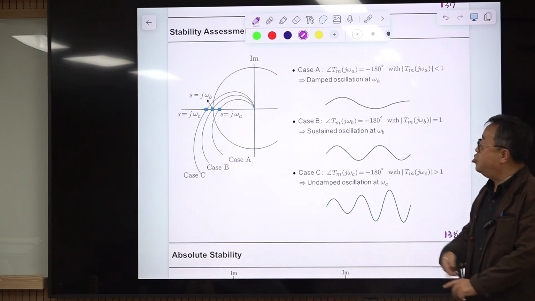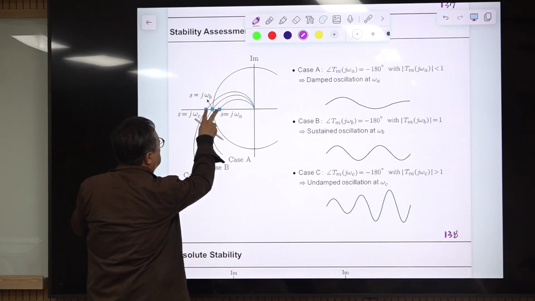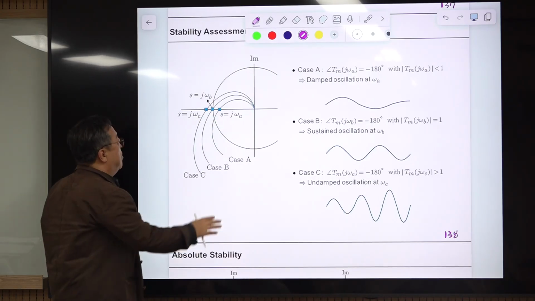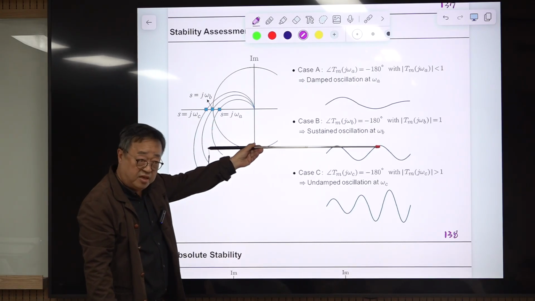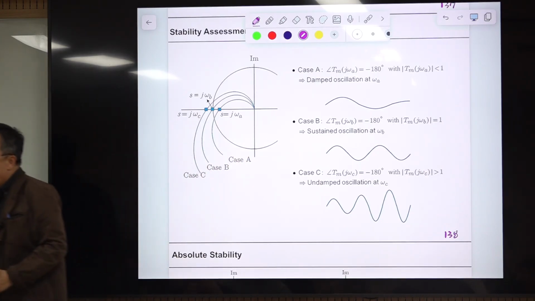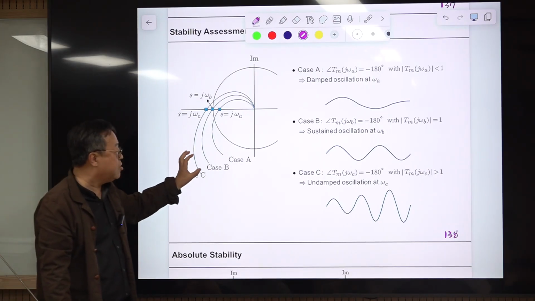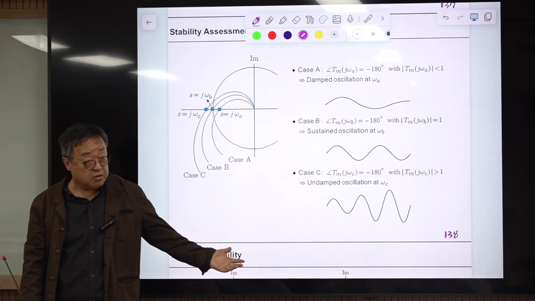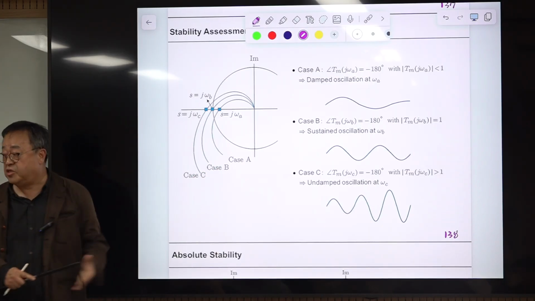Assume they are packed together so the distance becomes small. Then you can consider all the oscillation occurs at this frequency approximately. This is actually the exact duplication of Nyquist analysis. Encircling, not encircling, it's the same information.